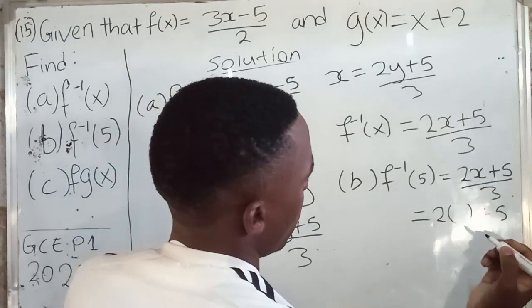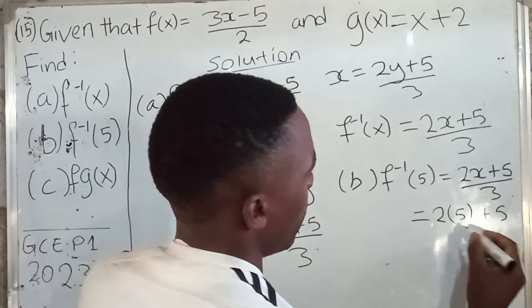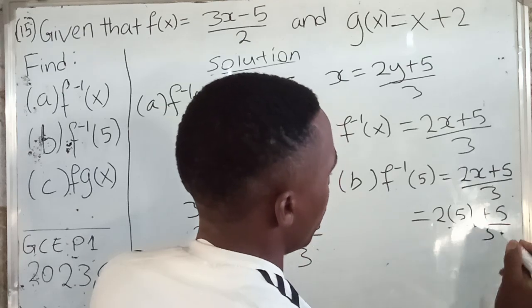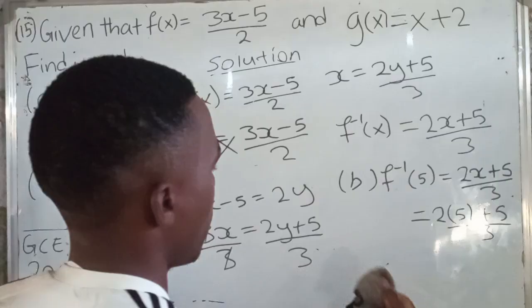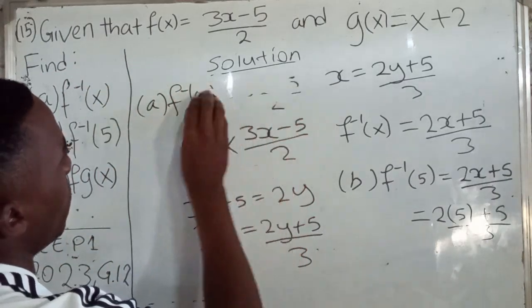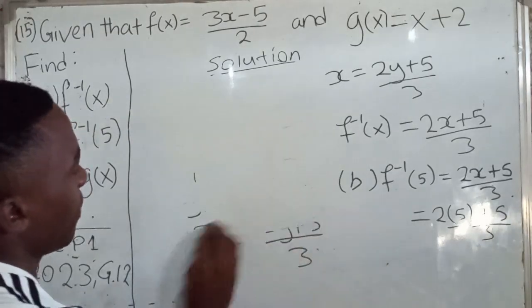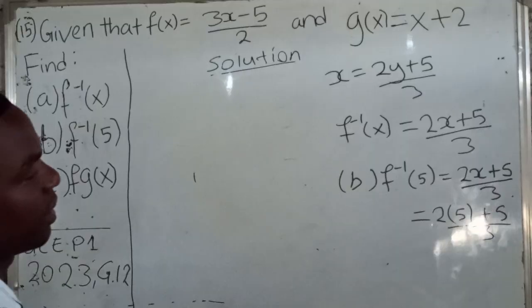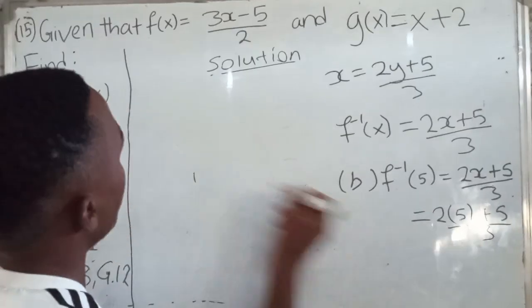So where there's the x, we are going to replace with 5, like this, over 3. So I think I can just rub this part so that we create a space.